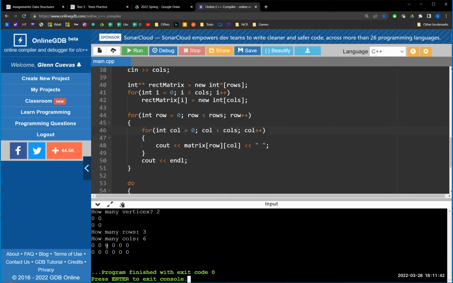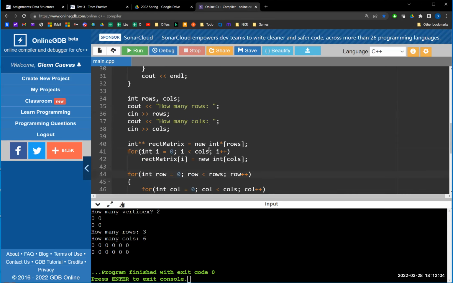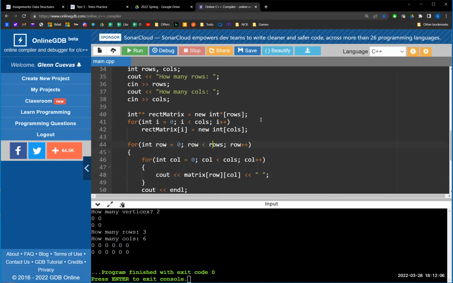Looks like I got a small bug there, missing one of the rows. 3 by 6, got the 6 part right, it's not getting that 3 right there. What am I doing here?